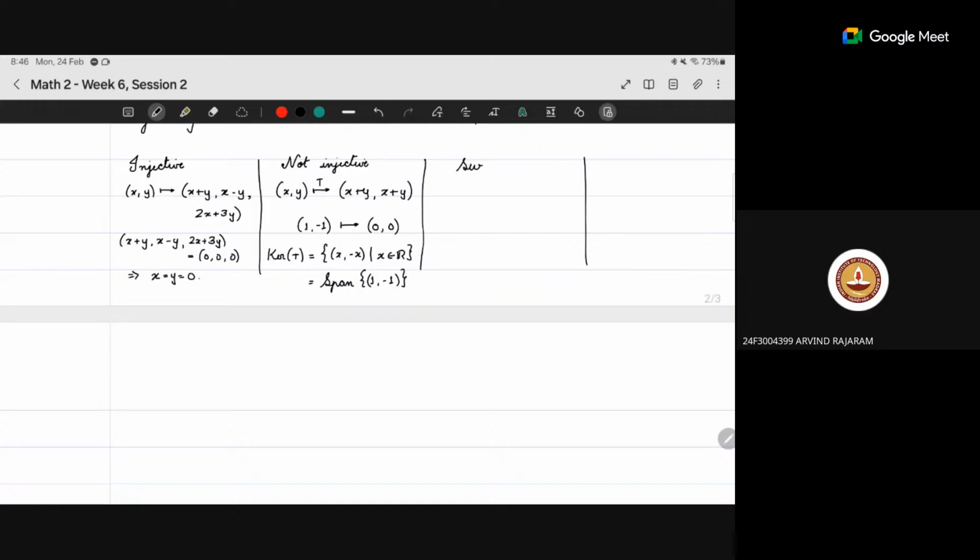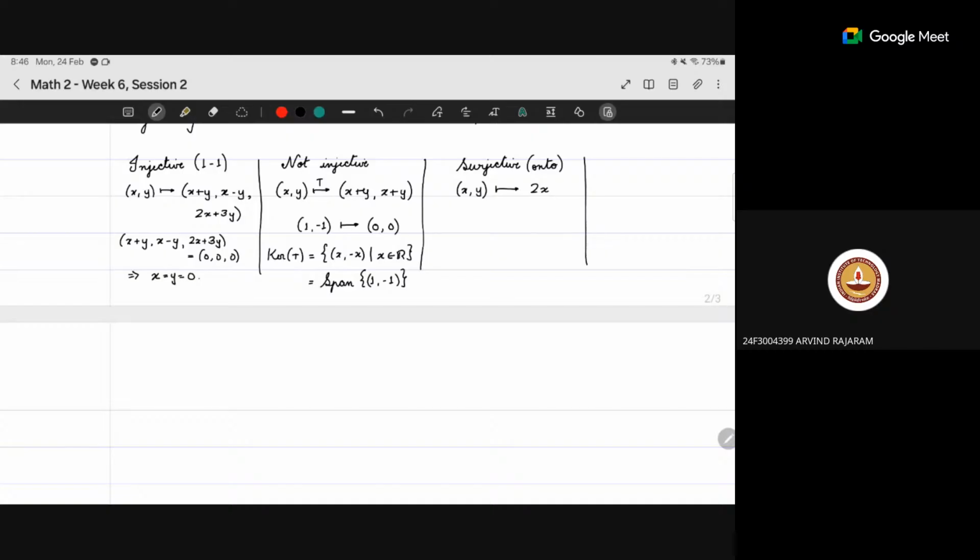So let's look at a surjective map. This is from R2 to R. Okay. So is this surjective? These are alternative names.